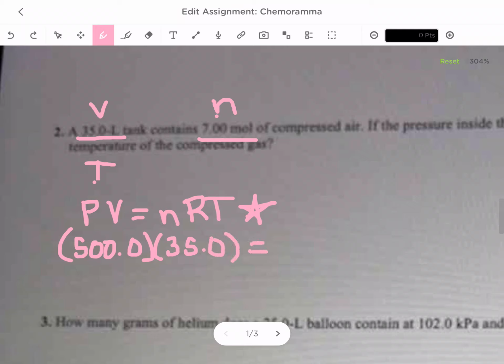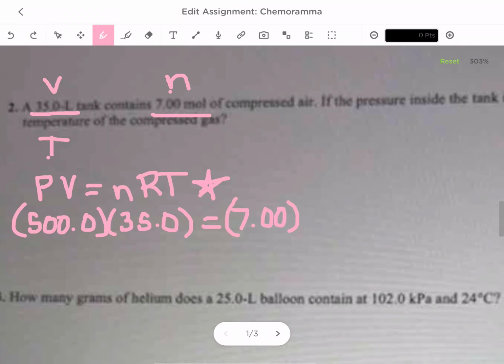Equals N. Do I have an N? I do. 7. And by the way, I'm assuming that's 7. I can't see the picture really well, but I'm assuming it's 7. If it's not 7, change it to whatever it really is. It might be 8, might be 9. I don't really know what that number is right there. Okay, so 7.00. I like parentheses. It just makes my life easier.